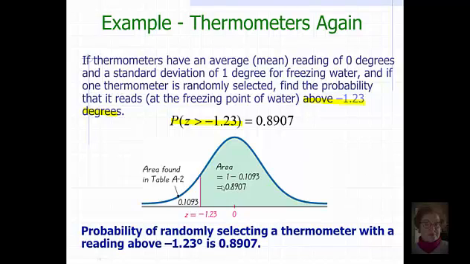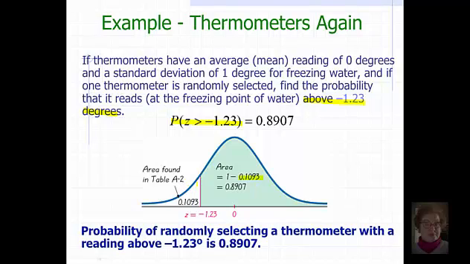Now, on the table, when we look up a negative 1.23, we don't find 0.8907. If we look up a negative 1.23, we find the table number of 0.1093.